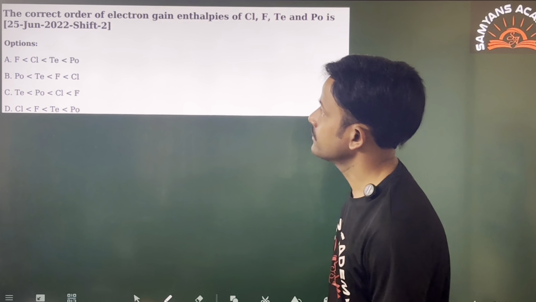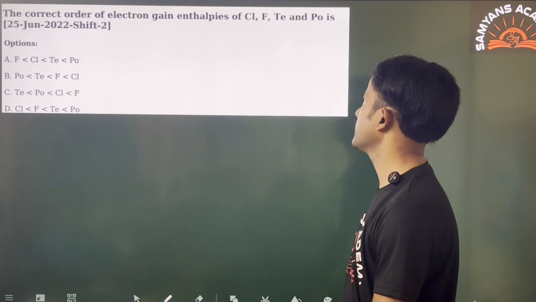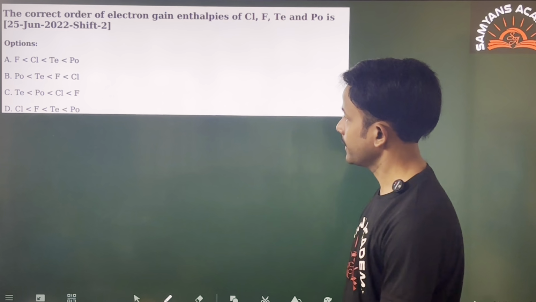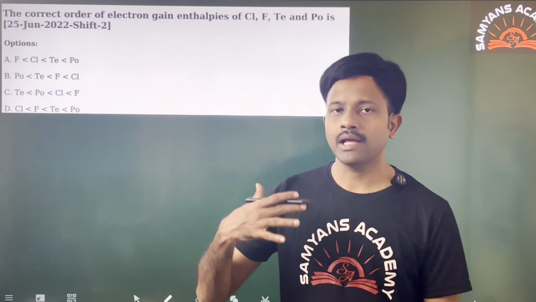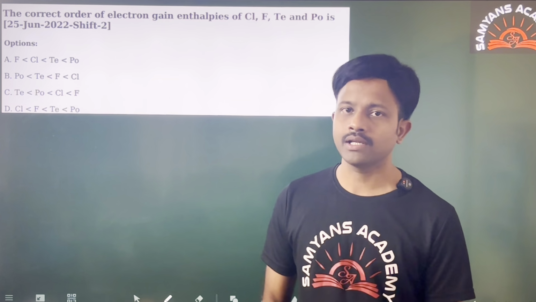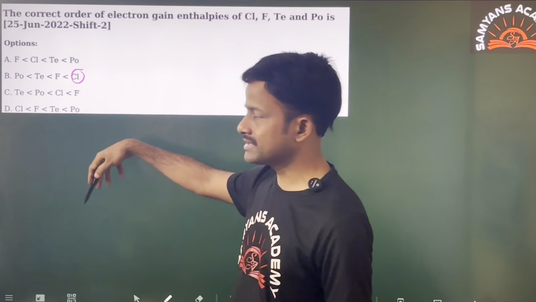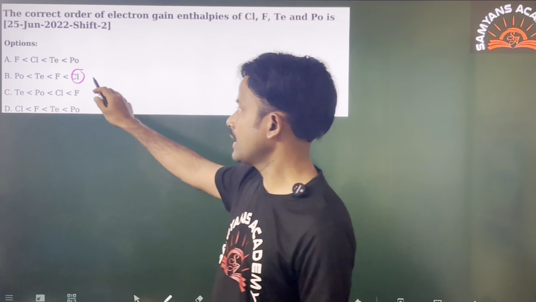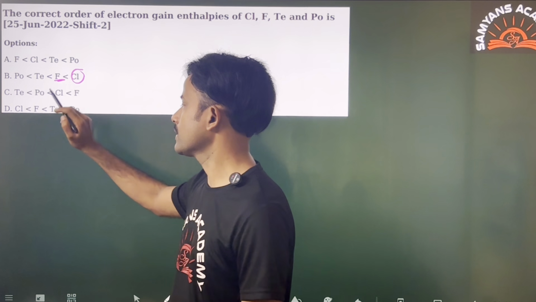The next one is the correct order of electron gain enthalpy of chlorine, fluorine, tellurium, and polonium. Already you know that among all periodic elements, chlorine has the highest electron affinity. Means chlorine has to come last. Next, fluorine will come.